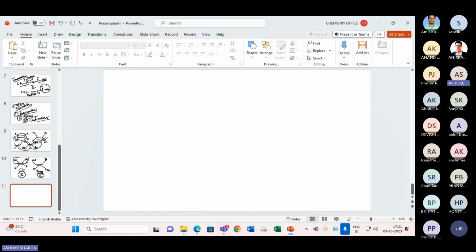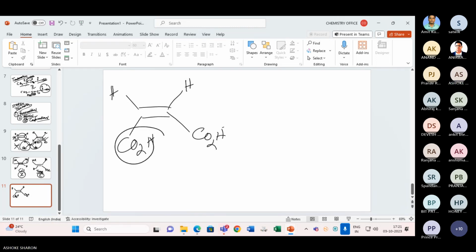So now, I have written the 2-methyl and 2-hydrogen. You can use a lot of different types of substituents. For example, another substituent I'm going to explain: this is CO2H, CO2H, hydrogen and hydrogen. Here you can see the two CO2H again on the same side.